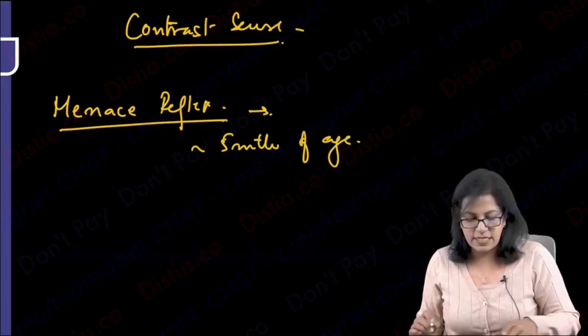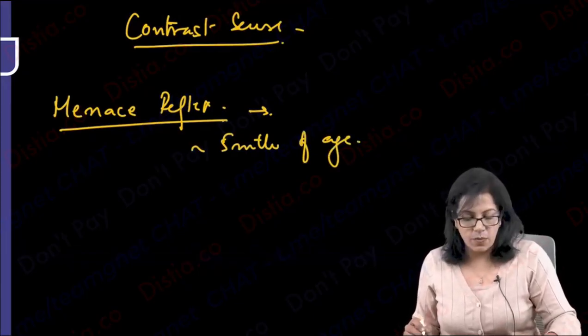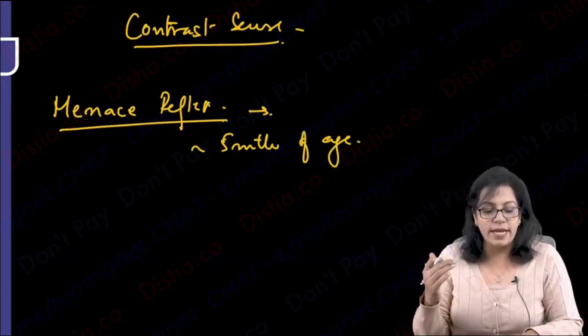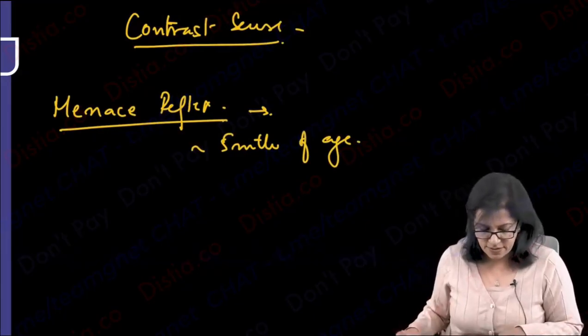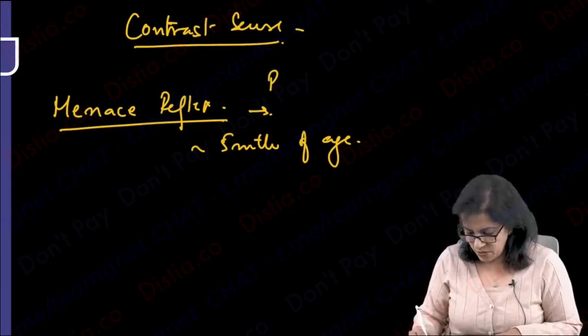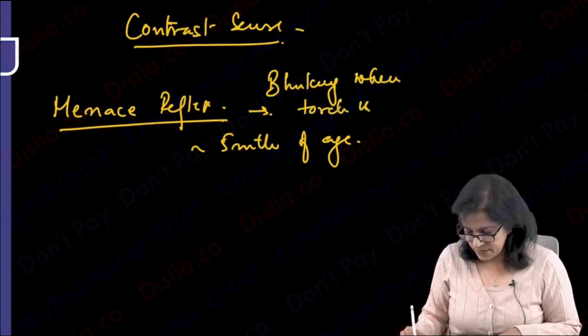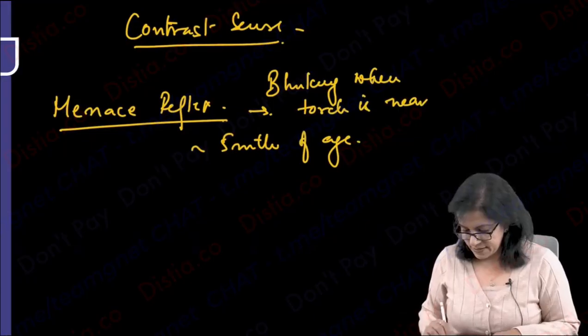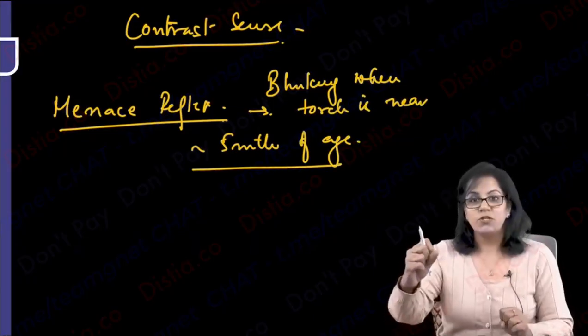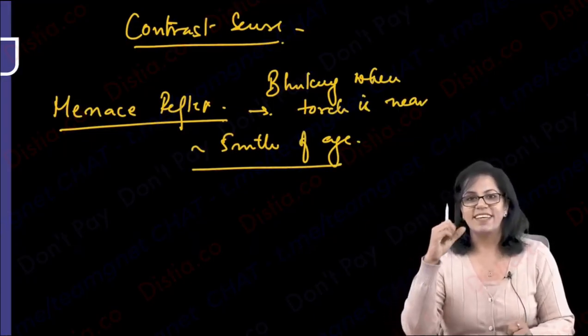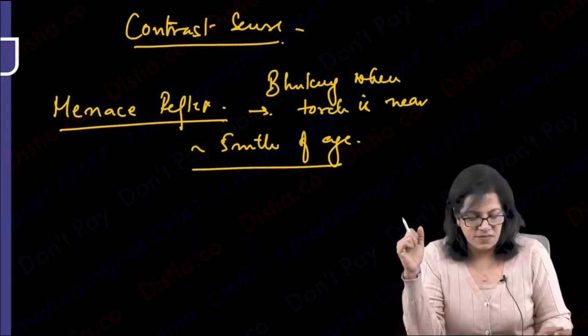If you want to write down, it is blinking on showing a bright light in front of the eye. Blinking when the torch is near. As you put the torch nearer, the patient is going to blink. So this is called the dazzle reflex.